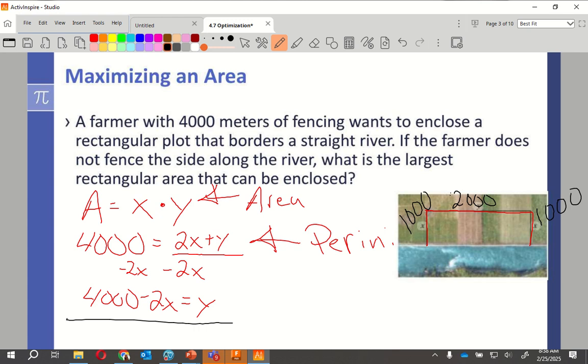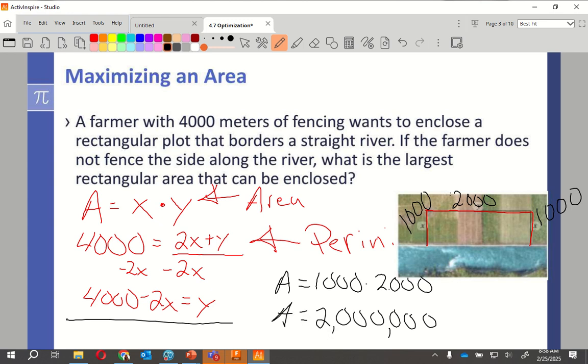So I know the area is going to be 1,000 times 2,000, right? So that's going to be like 6 zeros. And meters.